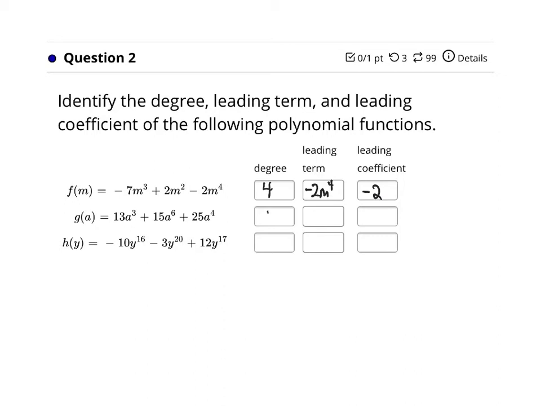So the highest exponent is 6, so that's our degree of the polynomial. And then the term that has that is 15 a to the 6th, and the coefficient is 15. The last one, the highest exponent is 20. And that is on the term negative 3y to the 20th, and its leading coefficient is negative 3.